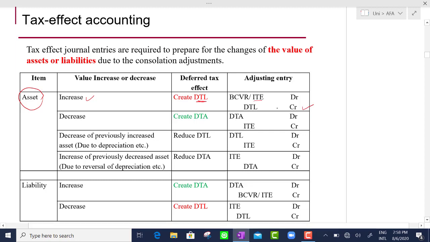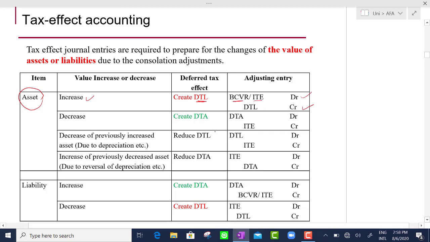You can remember that it is debited to the BCVR. Usually it is debited to the income tax expense, but when it is applicable to the business combination valuation entries, we debit the BCVR.